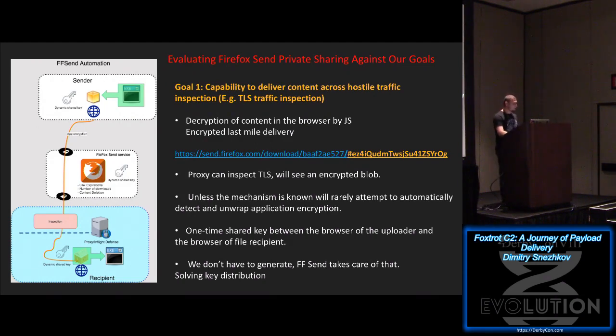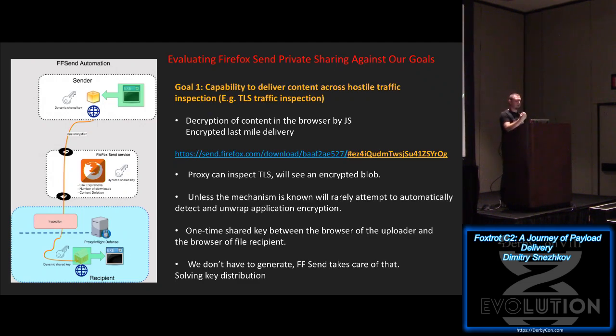Curious to note where the proxy that does the inspection sits. The payload travels across the hostile customer network, and it ends in the browser on the other side. At that point, any unwrap of the TLS by the proxy has already happened. They unwrap the TLS. They do not see anything except for the encrypted blob of data.